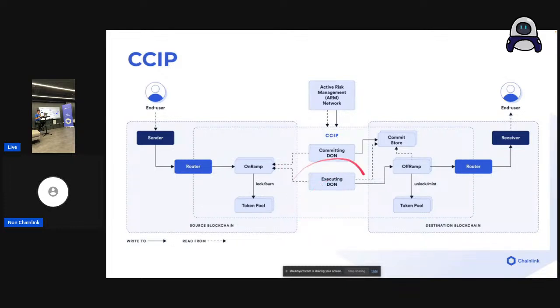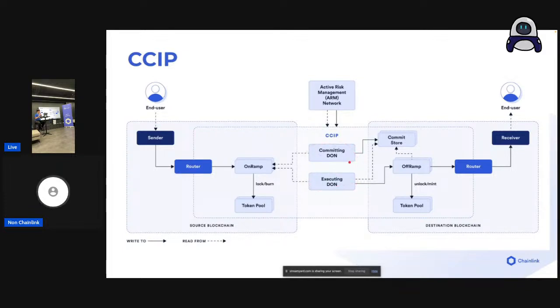We have the Committing DON and the Executing DON. This part is the actual network that works on the verifying. It is the blockchain network that works on committing the transaction, or checking the transaction and verifying if it's real or not.